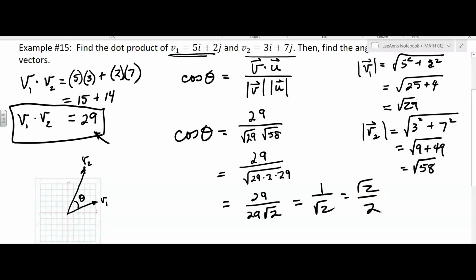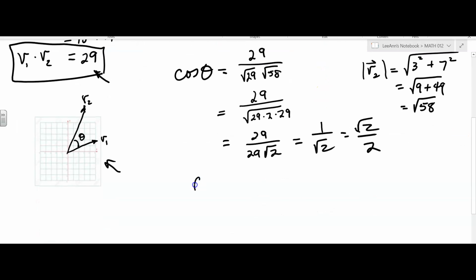And then I'm like, okay, well, I know when the cosine is the square root of 2 over 2, I have to be in the first quadrant, because both my vectors are in the first quadrant. And so I'm going to have an angle there of 45 degrees. Okay, so that's how I would do it. Theta equals 45 degrees, and I'd be done.